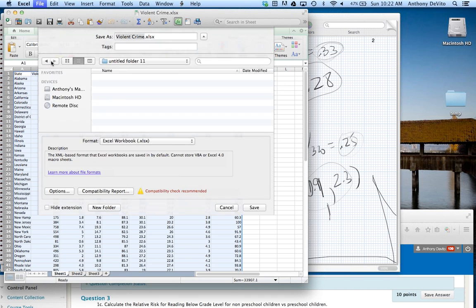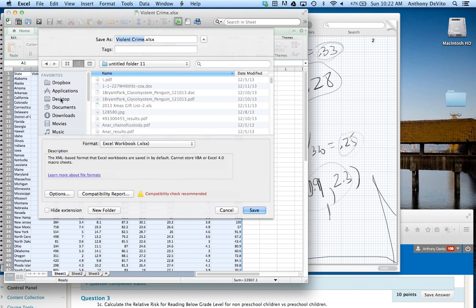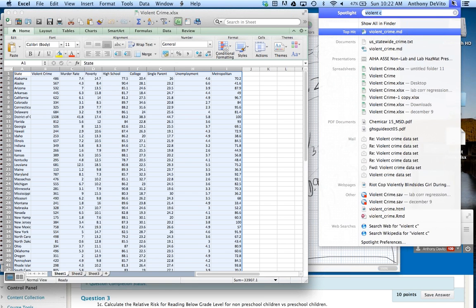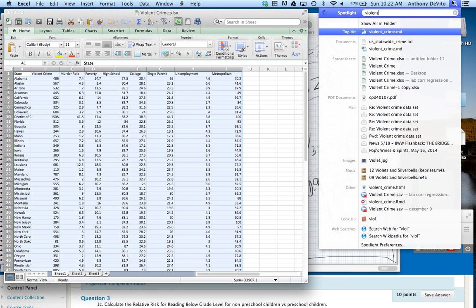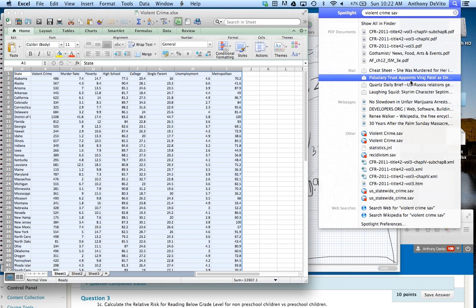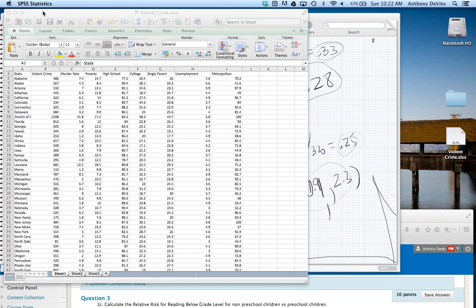Save as. I'll put this on the desktop. Okay, I had an Excel version of it. I probably have an SAV, and let me just look one more step here. Violent crime, SAV. Do I have one here? Here it is. Okay, I managed to find it as SPSS.